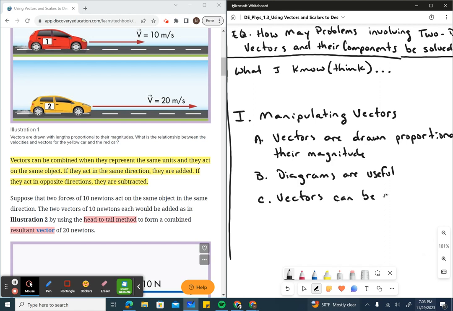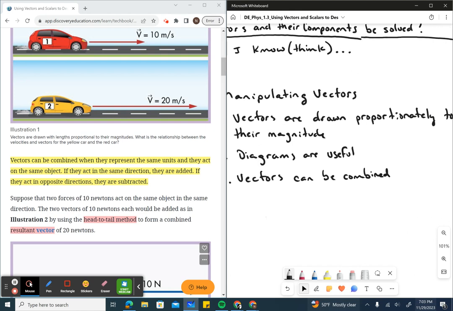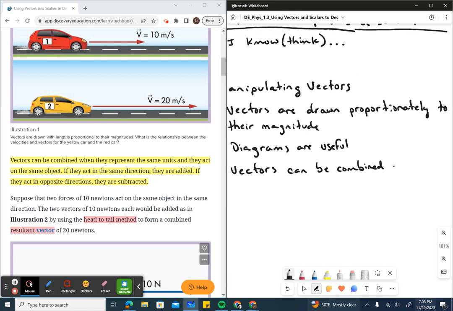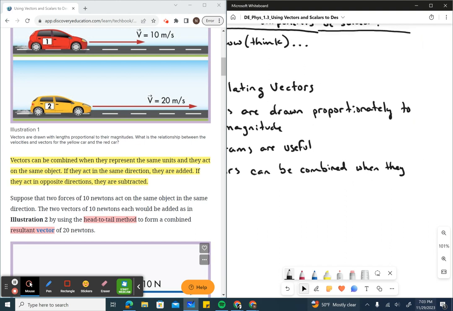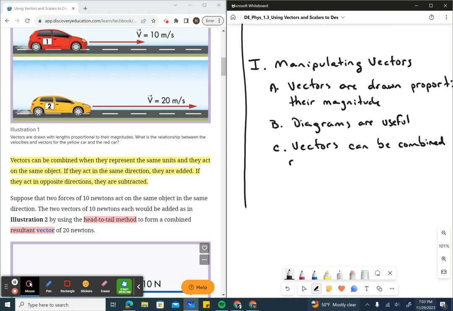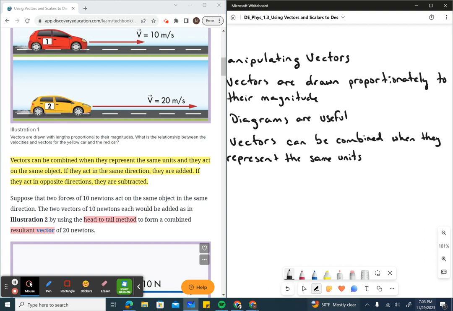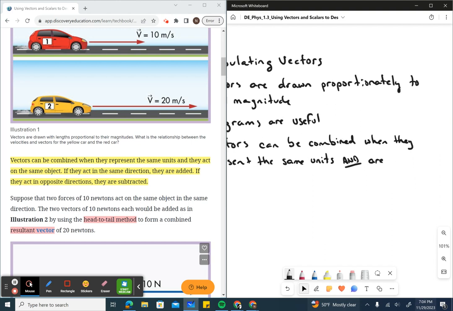Vectors can be combined when they represent the same units and are acting on the same object.